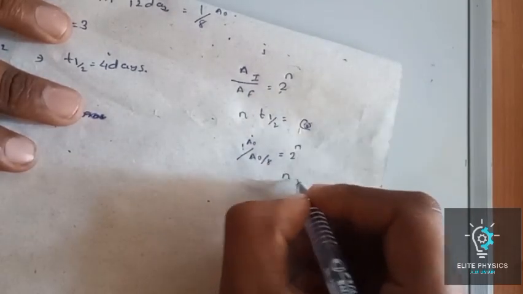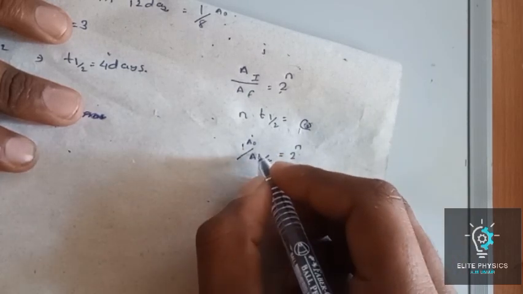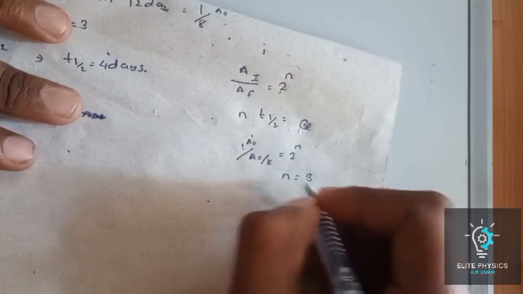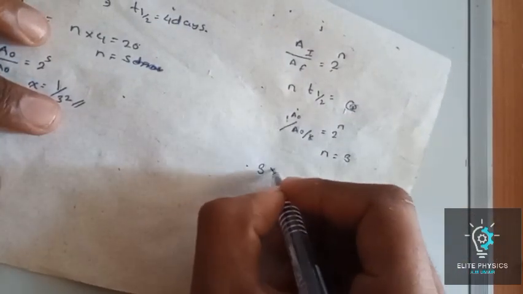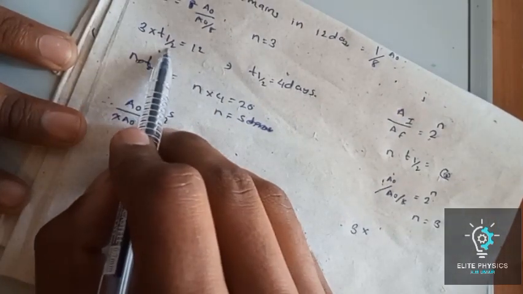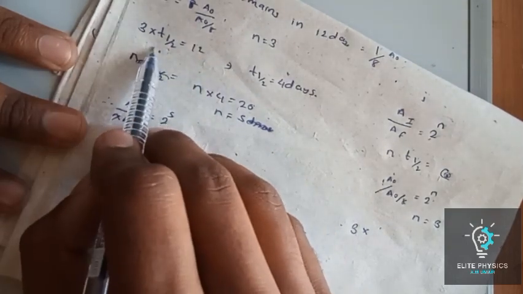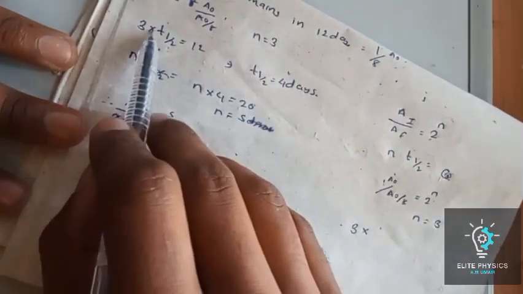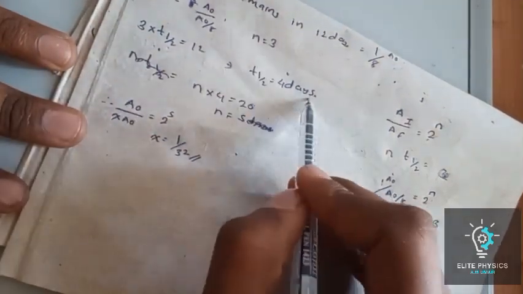So from here we can get n is equal to 3, because 8 is going to be 2 to the power 3. Now when n is 3, 3 times t half is going to be equal to 12 days. That means after 3 cycles, now it's a first order reaction, times t half, it's going to be 12 days. So t half is going to be 4 days.